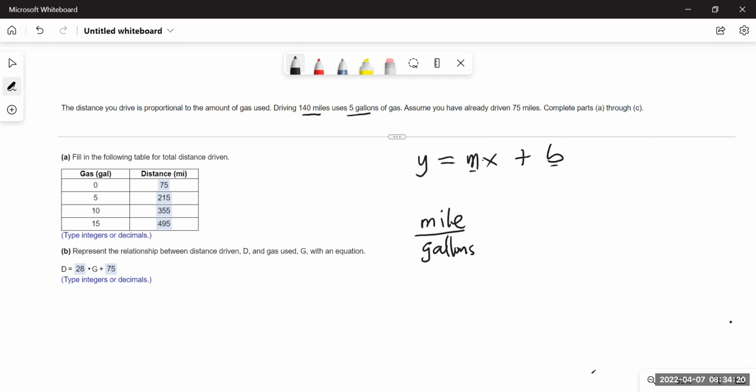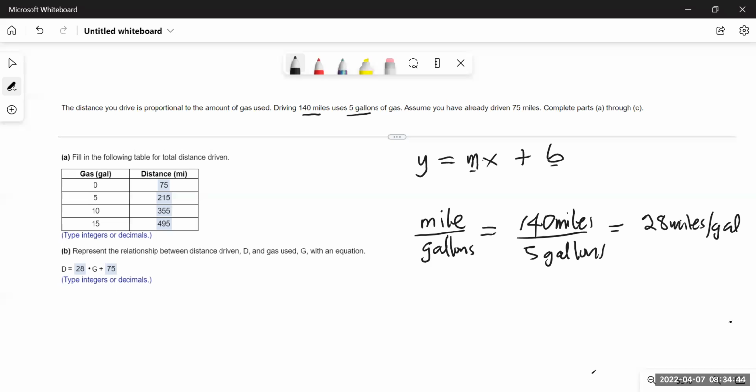So our rate of change will be the miles divided by the gallons. So we have 140 miles over 5 gallons, and this gives us 28 miles per gallon. And that is your rate of change, right?